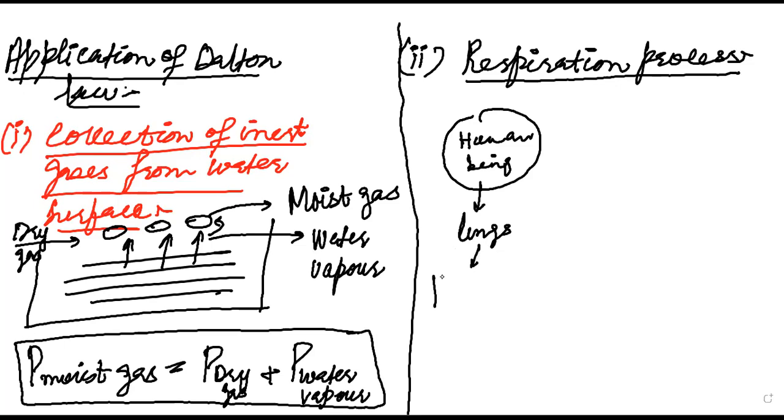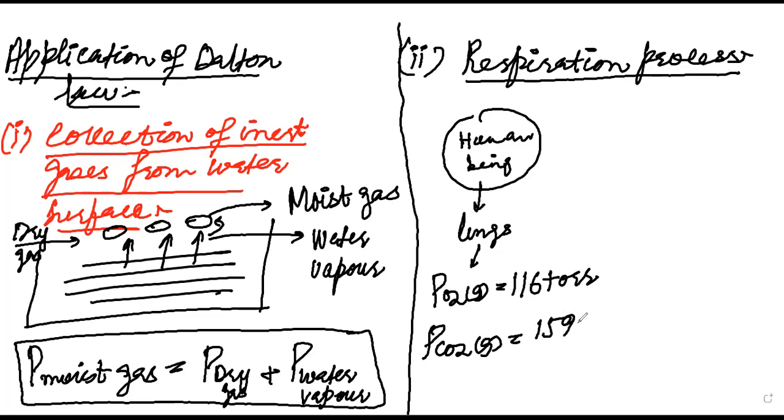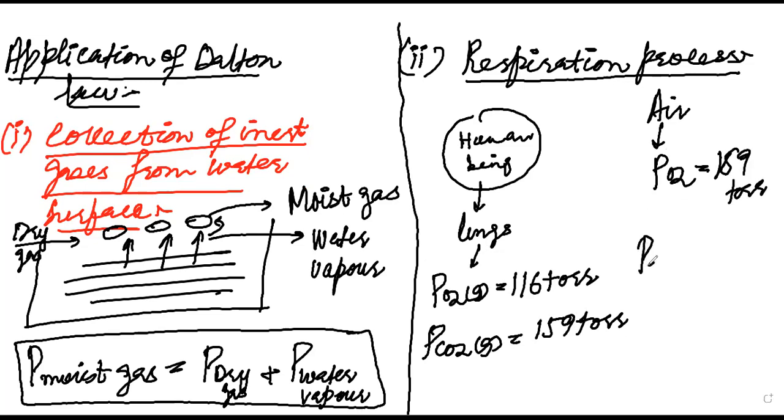In the lungs the partial pressure of oxygen is 159 torr, but in the air the partial pressure of oxygen gas is 159 torr and the partial pressure of carbon dioxide is 116 torr.